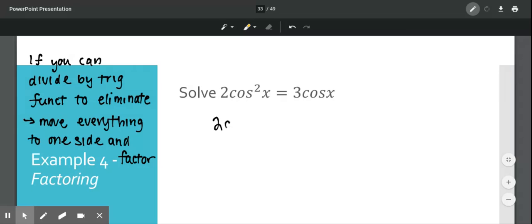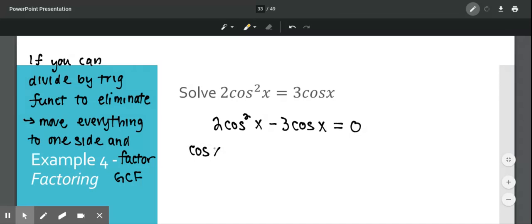So let's go 2 cosine squared x minus 3 cosine x. Just set it equal to 0. So let's move it all to one side and then factor your GCF out. Factor whatever you were going to eliminate. So in this case, we could factor out a cosine.